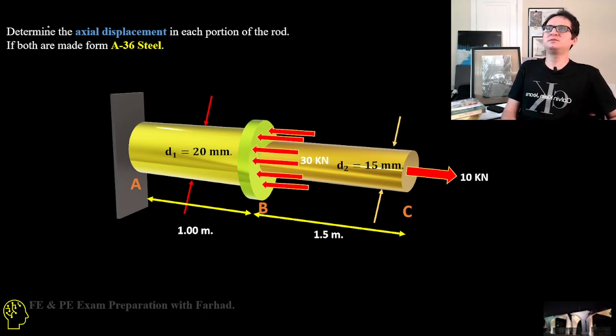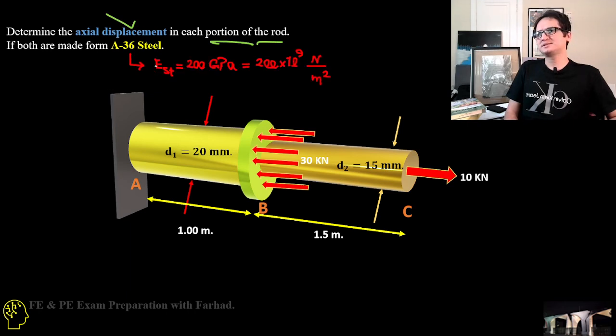In our example, we want to determine the axial displacement on each portion of the rod if both are made from A36 steel. For A36 steel, we can easily verify that the modulus of elasticity is, in SI units, 200 gigapascal, that's 200 times 10 to the 9 newton over meter squared. The length of each part is provided.